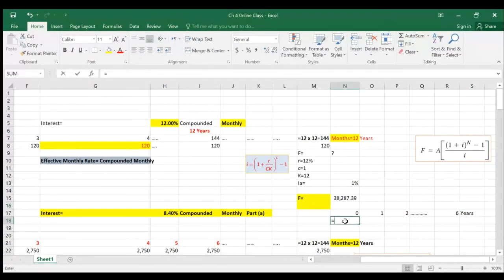See, this is our amount. It will continue to grow when it is compounded, 12% compounded monthly, and then from this region, our I is 12%.